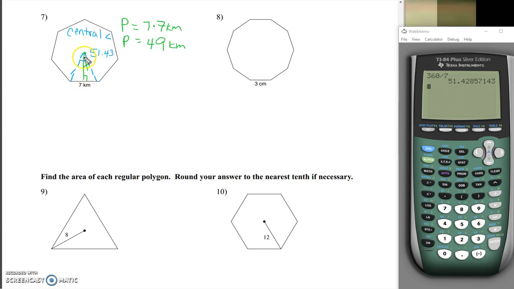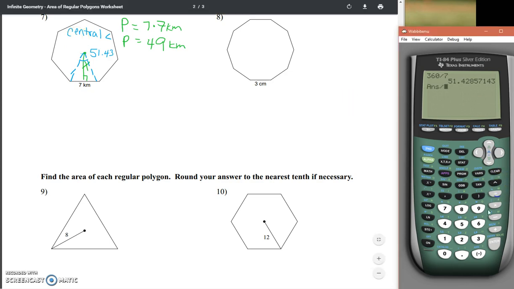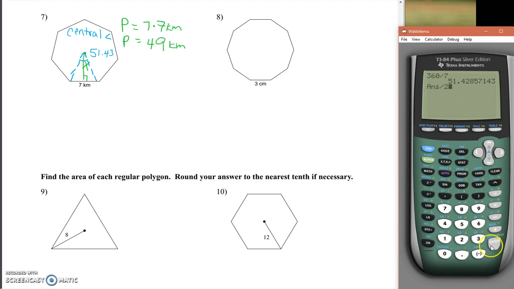Well, this apothem splits that angle in half. So I'm going to divide it by 2, and it's 25.71. That's the angle I want to use. So that's going to go here, this half angle here, and I'm going to rewrite my x on this side.